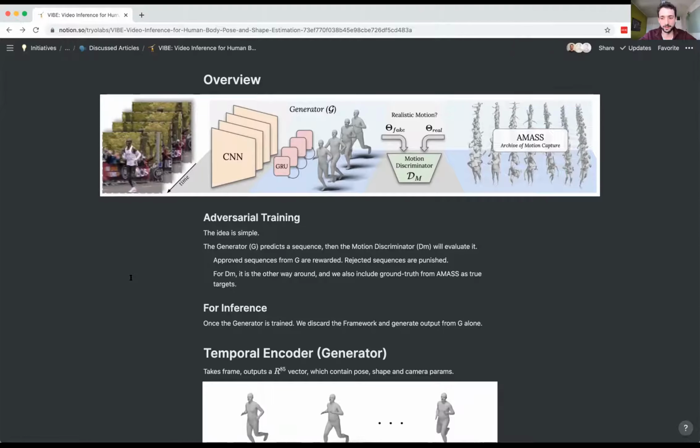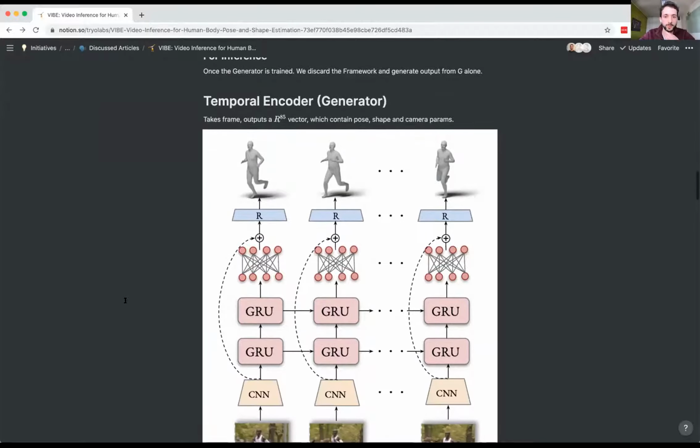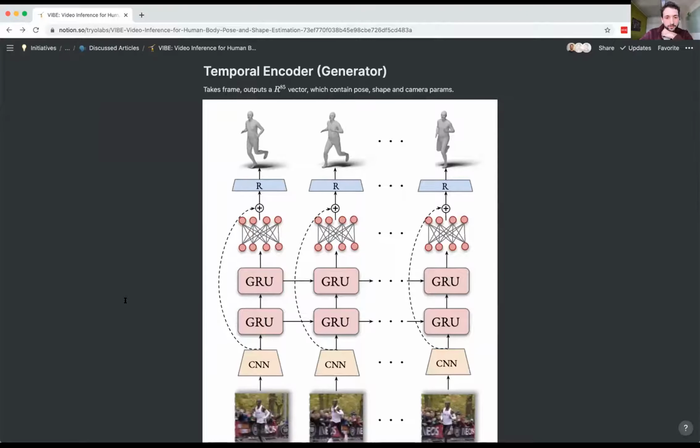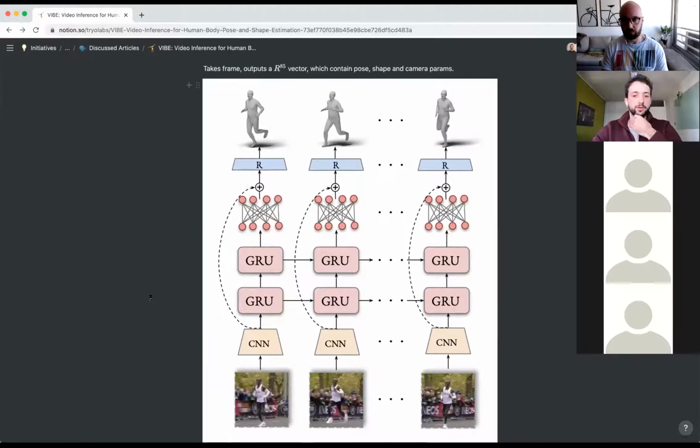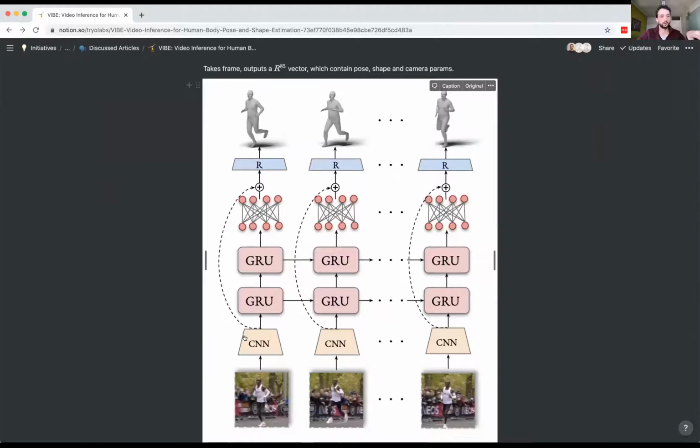So let's get into more details of each part. First we have the generator. The architecture of the generator is a pre-trained CNN that was trained on still images to find pose and shape estimations.